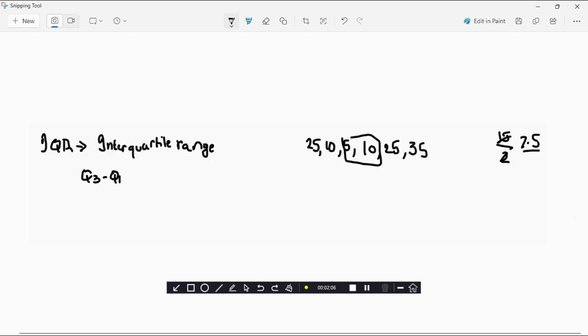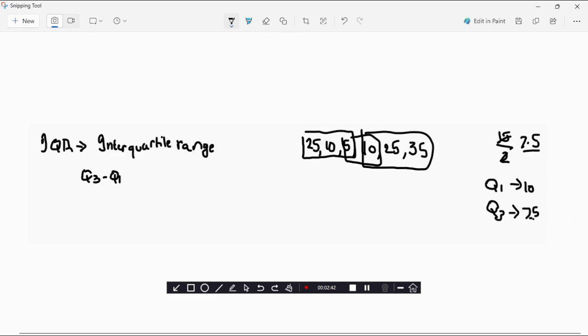To figure out your first quartile, you would need to figure out the median. In this case, this is 25, 10, and 5, so this will be 10 over here. This is your Q1. And this one over here, 25, will be your Q3. So the median for your upper half is 25, and the median for your lower half is 10.